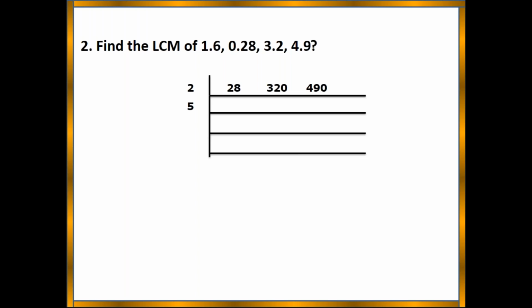2 is common, so 2 160s and 2 245. Again 5, 14 is not possible. So 5 32s, 160, 14 680, sir. 5 49s, 7, 7 2s are 14, 32 is not a multiple, 7 7s are 49.